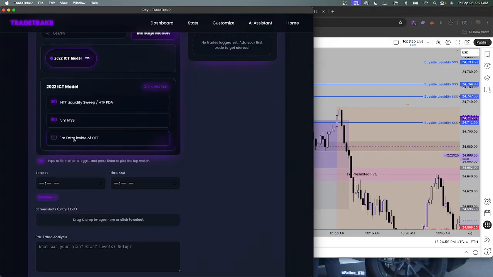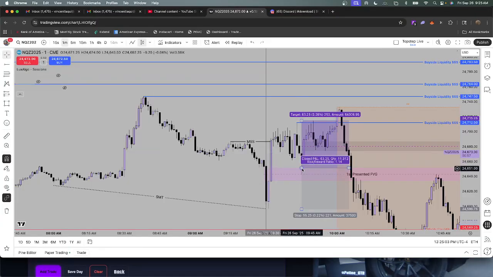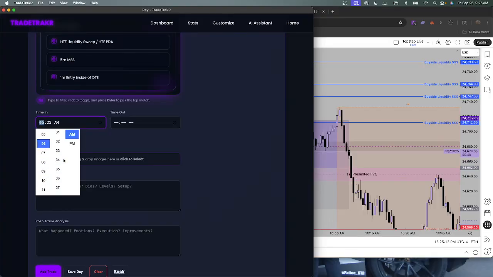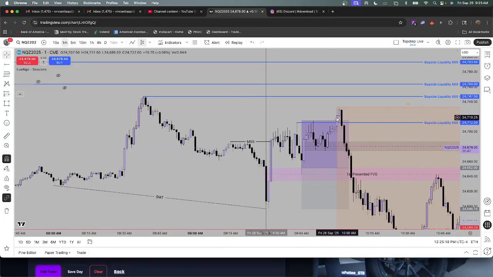It's got that 5-minute market structure shift and then a 1-minute entry. Time in was at 9:45. Well, it's 6:45 because I've traded on PST. And then time out was 10 o'clock. So 7 o'clock.